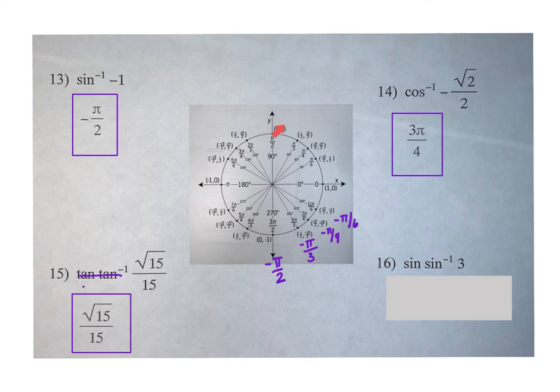The biggest y value I'm going to have on this particular unit circle and on any trig function, the biggest sine value I'm going to have is 1. This is bigger than 1. So the inside of this function does not exist, which means the whole thing cannot work. So your answer here is just that it does not exist.